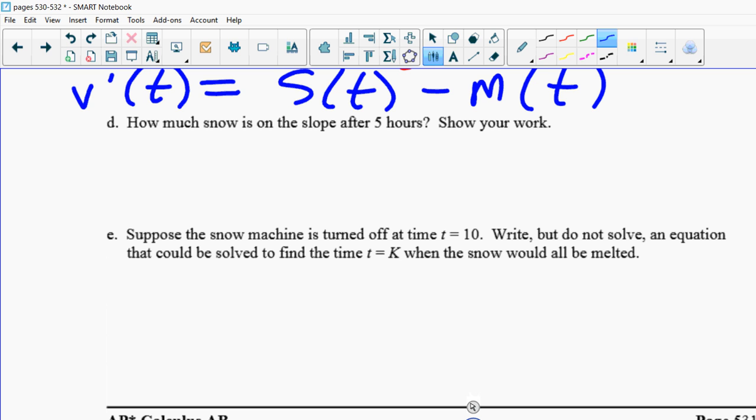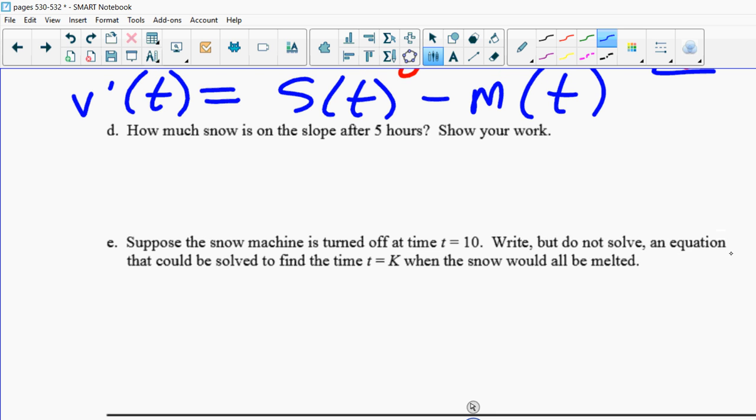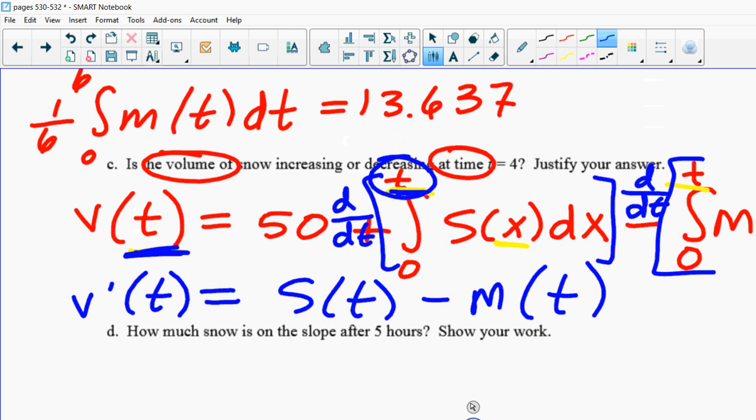How much snow is on the slope after 5 hours? What are we going to do? How much snow is on the slope after 5 hours? That's right. Ava says we're going to evaluate V of t for 5, because wasn't this a formula for the volume of snow on the slope at any given time?